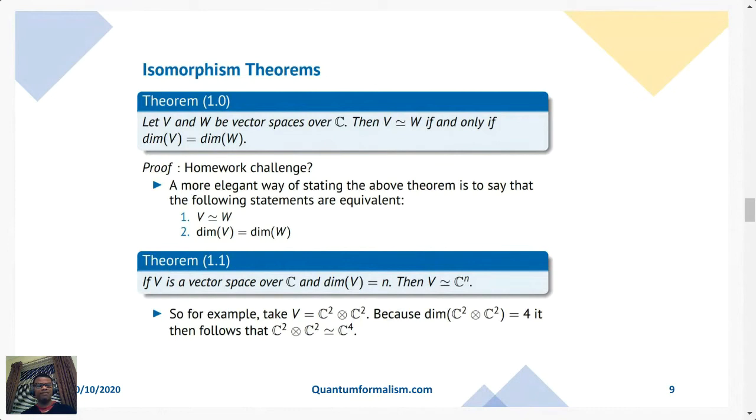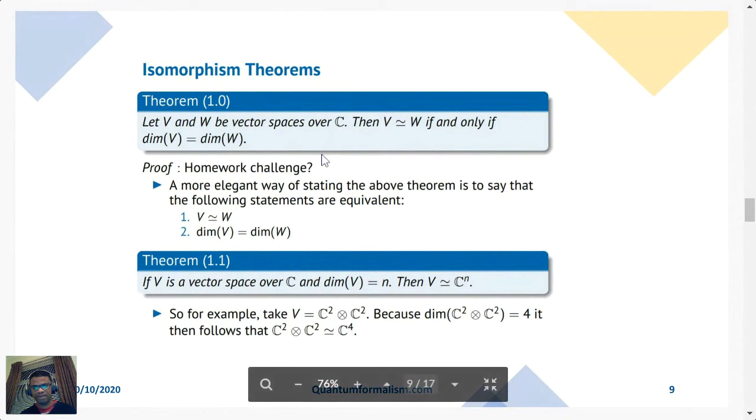And sometimes you don't even need to look: if you know that the dimension of that vector space is finite, which is what we are interested in, then you know immediately that it's isomorphic to Cn, okay? So you can just work with Cn instead. This is really a very important result.